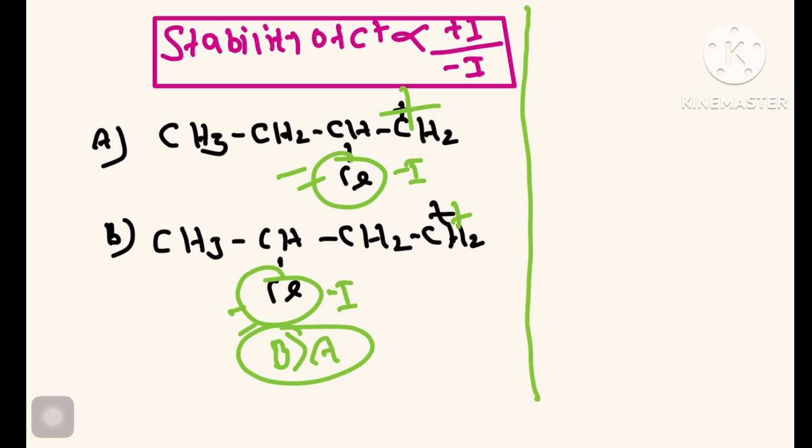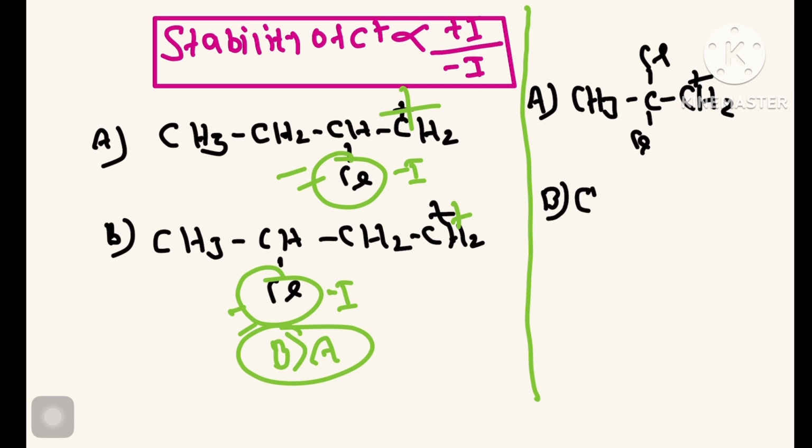If I write this one, suppose A, CH3, C, Cl, Cl, CH2 plus, and B, CH3, CH, Cl, CH2 plus. So just here you can see minus I group, minus I group, so 2.